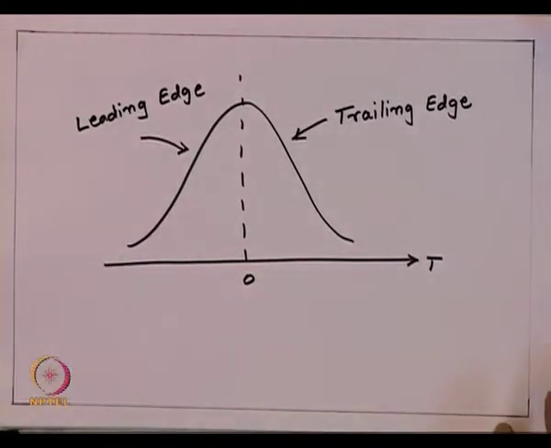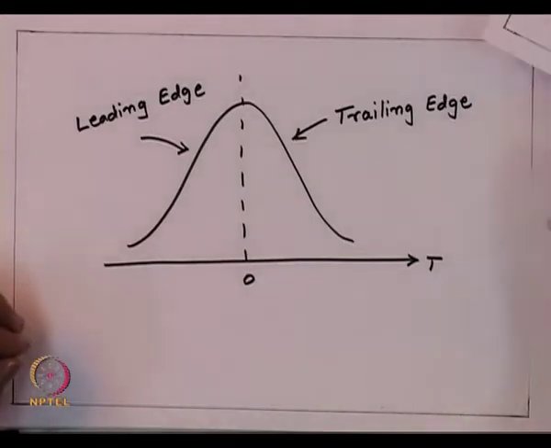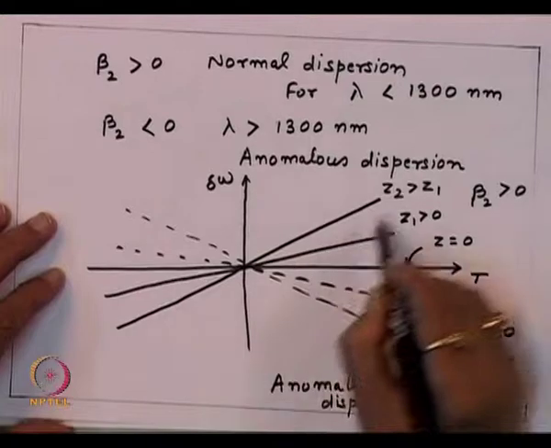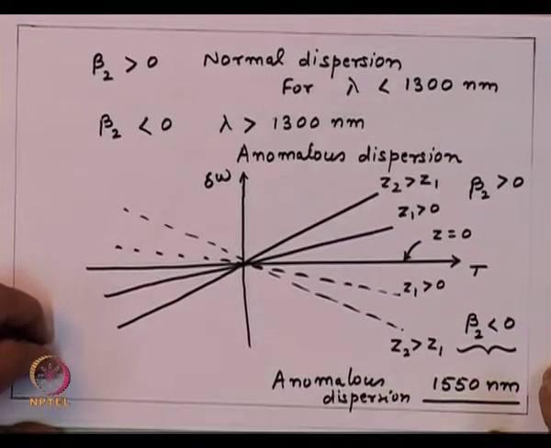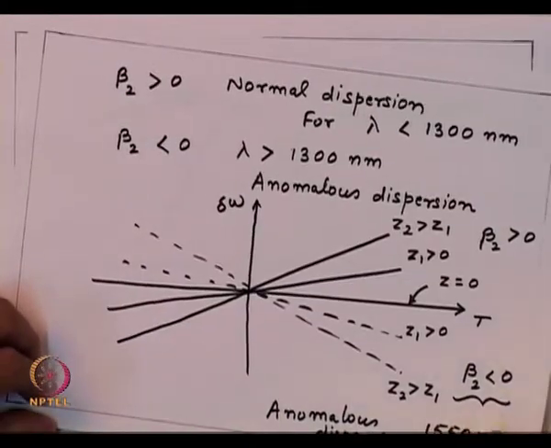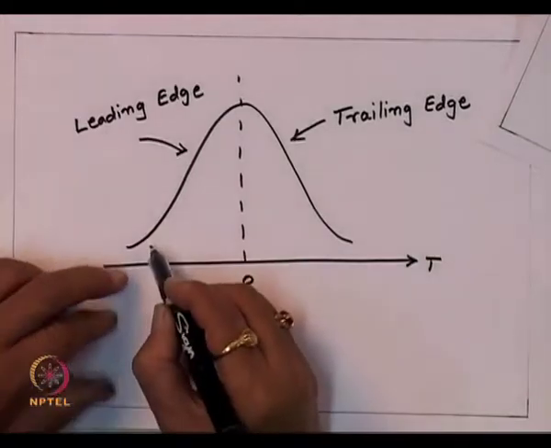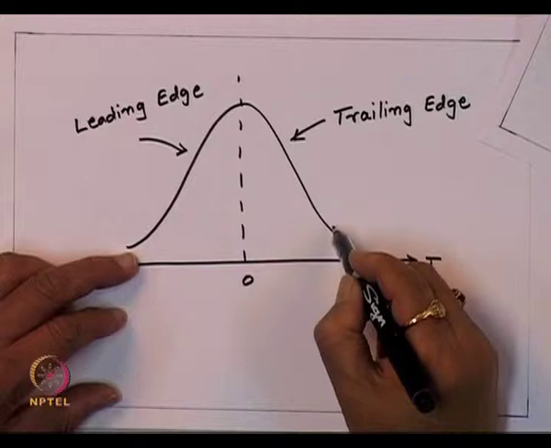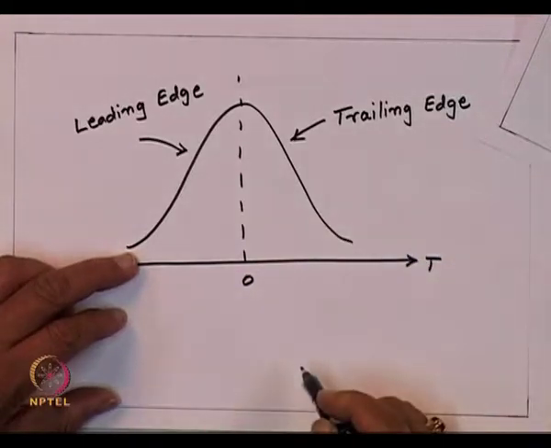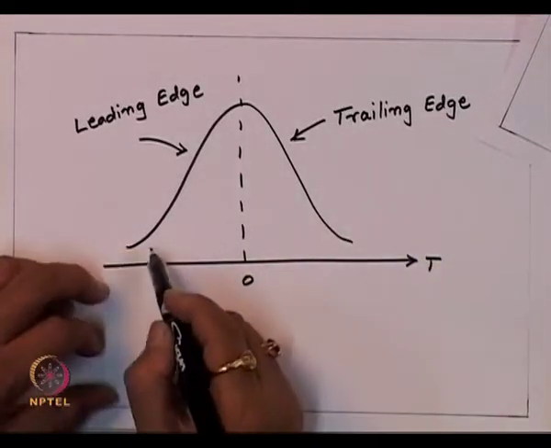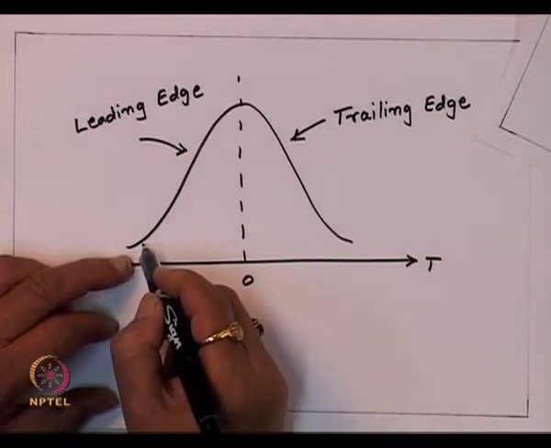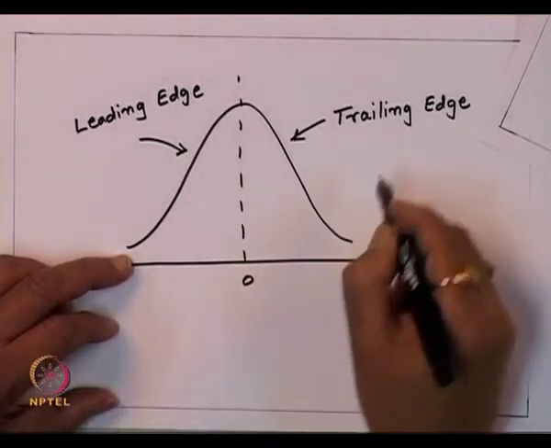Now if the change in frequency is positive, that means here the frequency is a little lower compared to the center, and here the frequency is a little higher. That means the low frequencies get accumulated at the leading edge and the high frequencies get accumulated at the trailing edge.